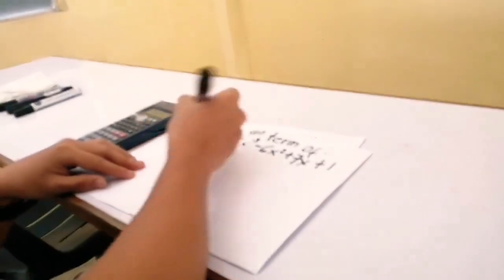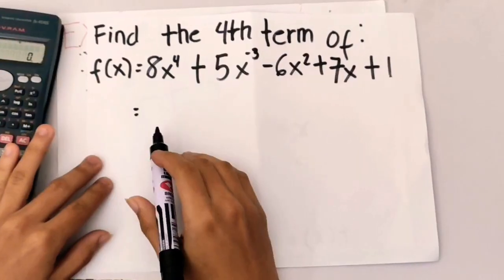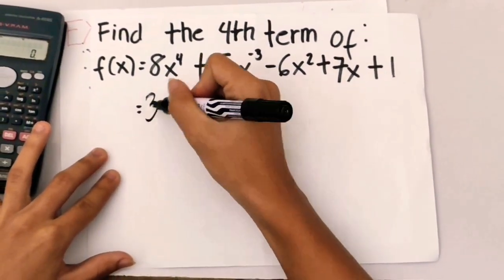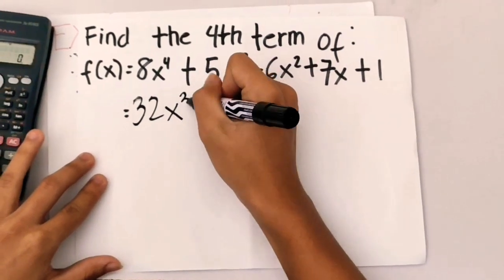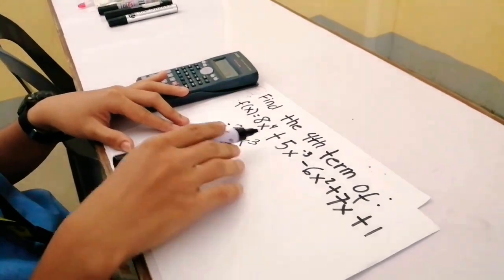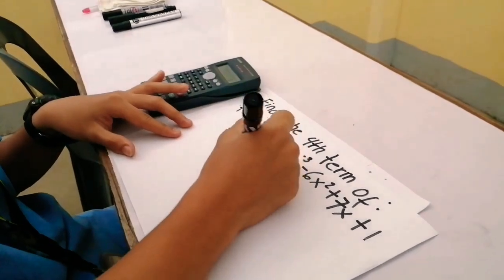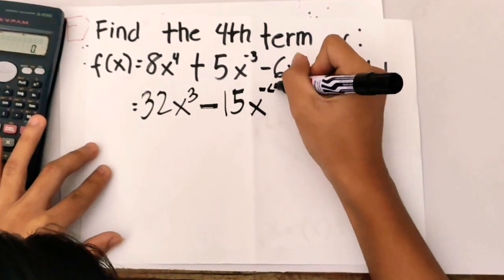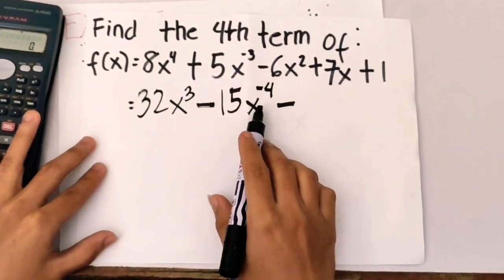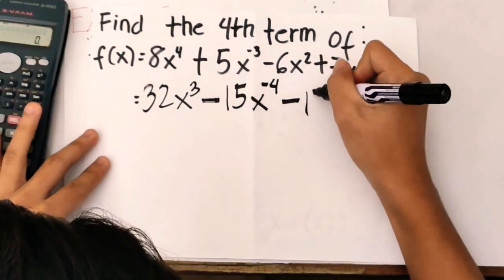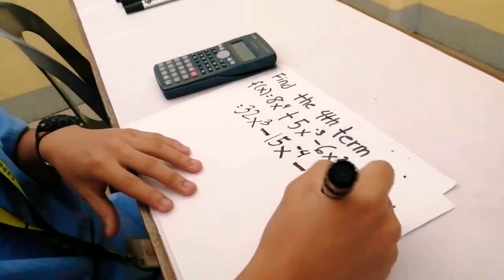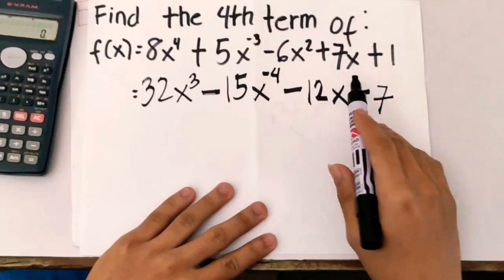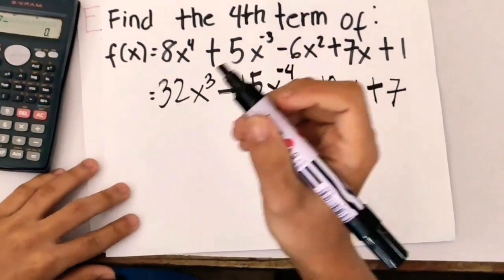First, we will find the derivative of 8x to the power of 4, which is equal to 32x cubed, and negative 3 times 5 is equal to negative 15x to the power of negative 4, minus 6 times 2 is equal to 12x plus 7, because 7 times 1 is equal to 7, and we all know that x has an imaginary 1. So this is our first derivative.